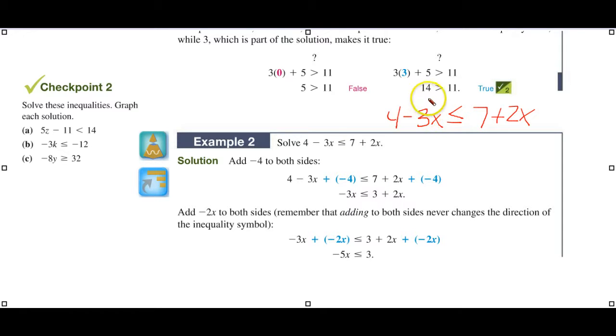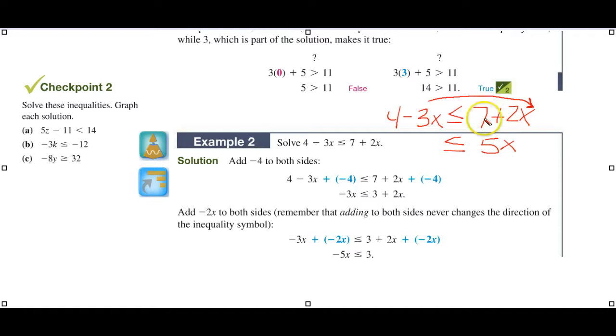I mentioned before it's always good to keep your x values positive. So I'm going to move the negative 3x to this side, where it becomes a positive 5x.